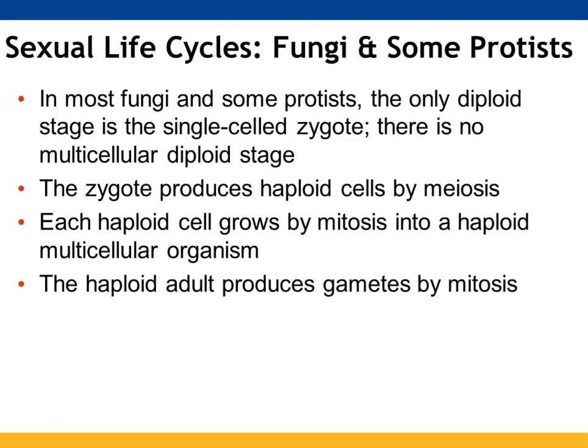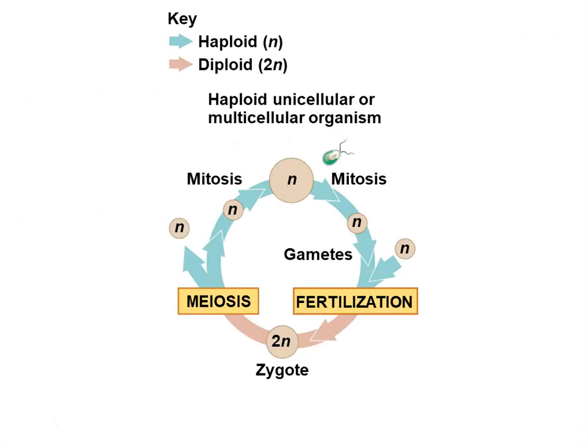And then because it only has the one copy of the chromosomes, the adult form is able to produce gametes just via mitosis. So fertilization is the only time when you're going to have your diploid form, your zygote. That diploid zygote undergoes meiosis to produce haploid cells that are able to replicate via mitosis to produce that haploid, either a unicellular or a multicellular organism.